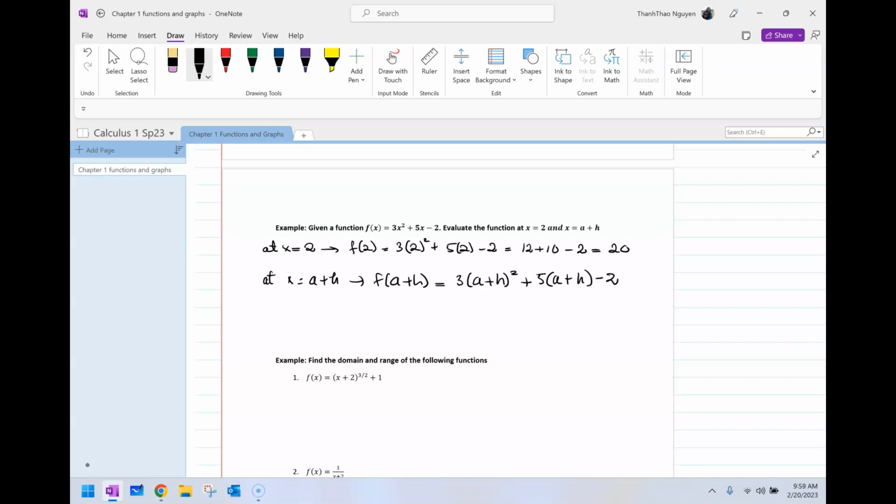We want to expand (a plus 8) squared and simplify. So we get, combine like terms.